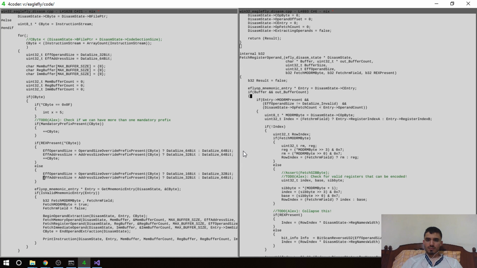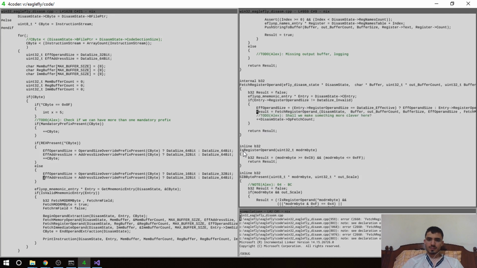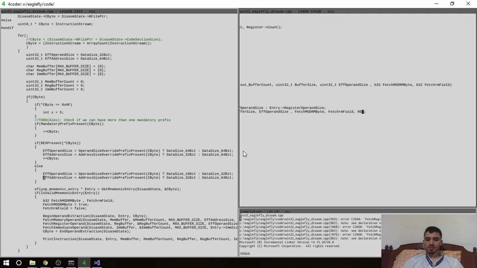So that's the only change there. RxPresent, it's going to be the thing. Compile, and then here we have to pass RxPresent as well.